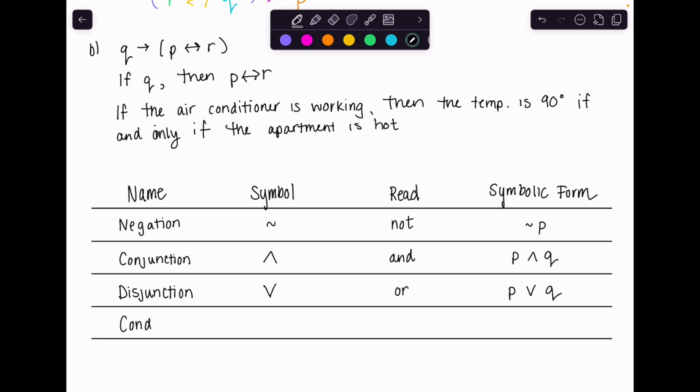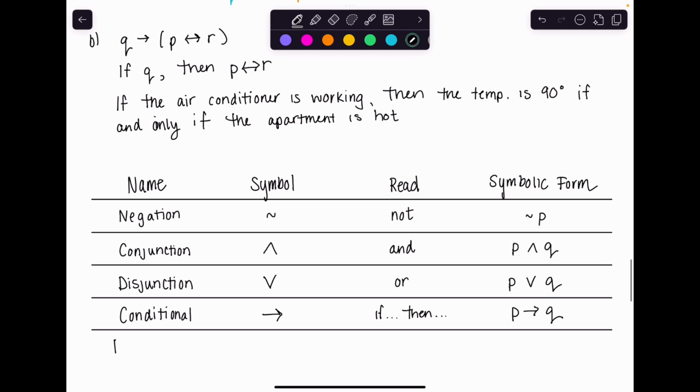Then we've got the conditional statement, which is an arrow. It's read as if, then. So you'll see P with an arrow, Q. And then last but not least is the biconditional, which is a double-sided arrow, read as if and only if.